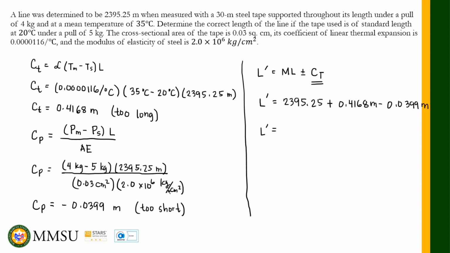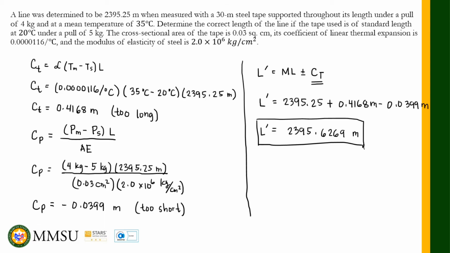So that's 2395.25 plus 0.4168 minus 0.0399 equals 2395.6269 meters. Okay, so ito na ngayon yung correct length of the measured distance or the measured line.